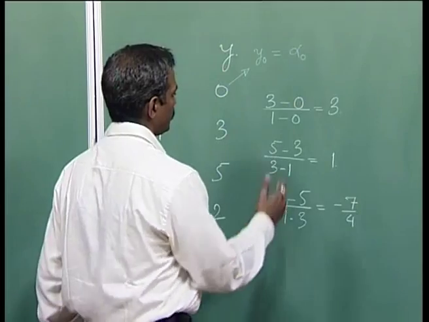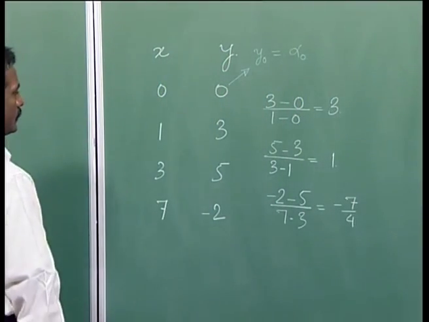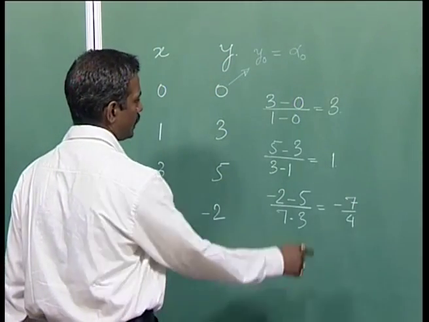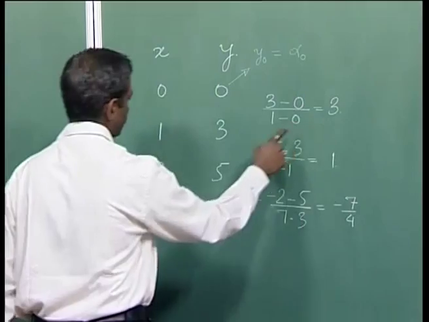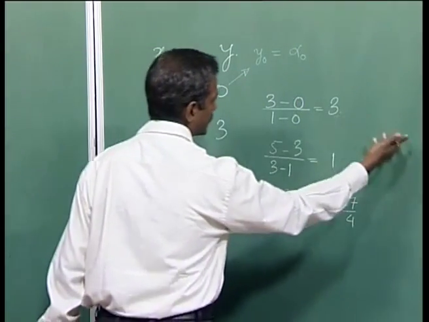I'll now fill the subsequent column next. What I'll do is use these numbers and the corresponding interval to compute the next divided difference.